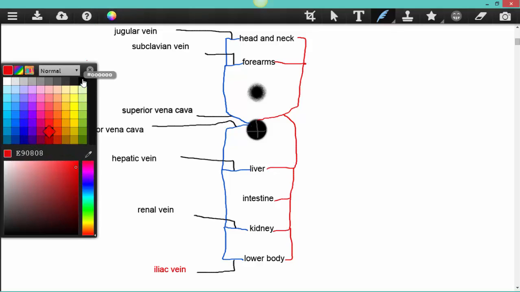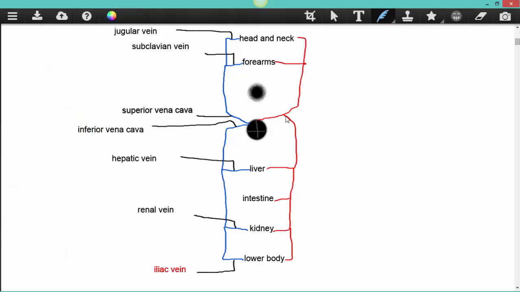Let's label these two. Remember, this is not the pulmonary vein. This is the aorta, and these are branches of the aorta.